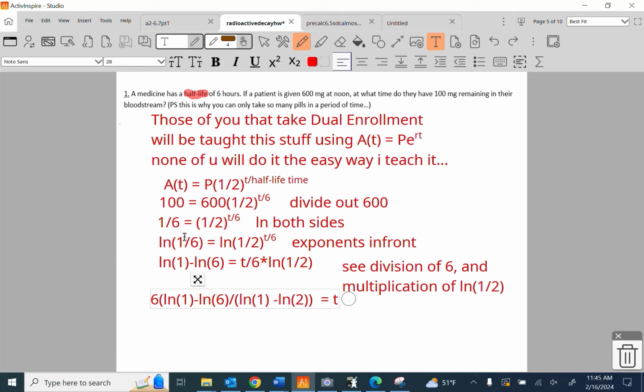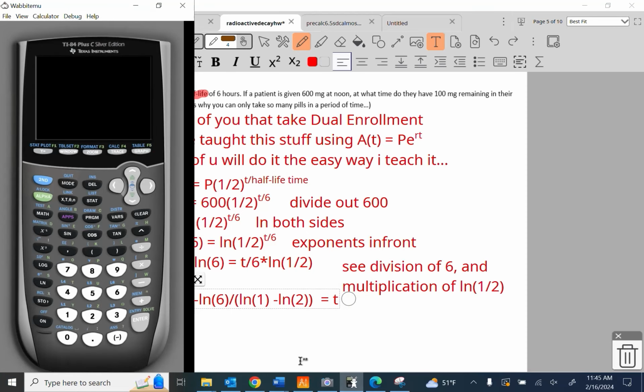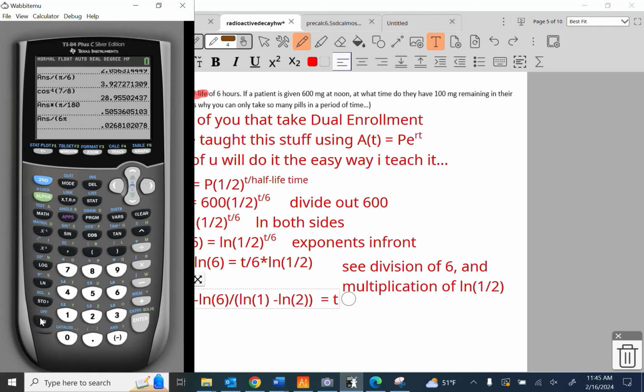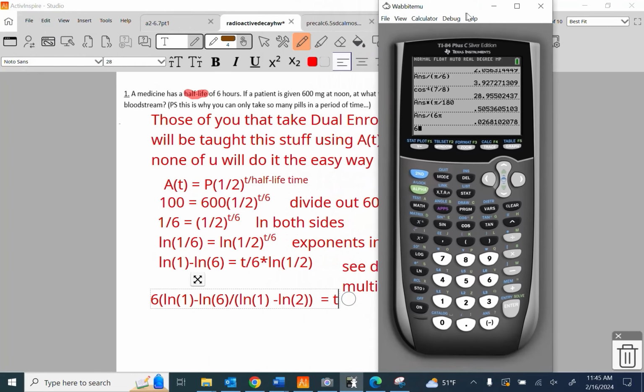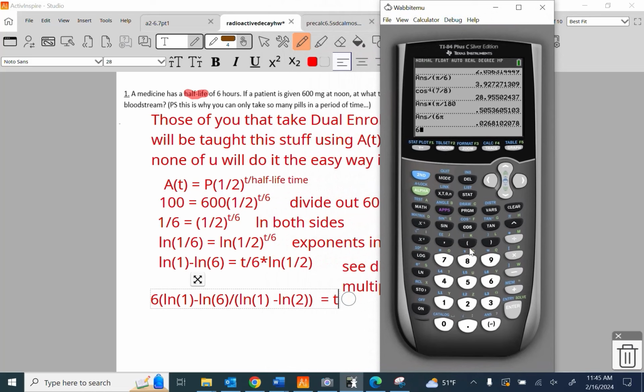I know what I'm doing here is really throwing some kids off, but it needs to be talked about. And I'll show you their equivalent. So I've got 6. Notice how I wrote things. I use parentheses and all that good stuff: parentheses, natural log 1 minus ln 6. My job is to teach you the rules of logarithms, equivalent functions.